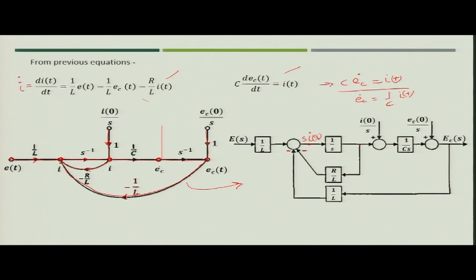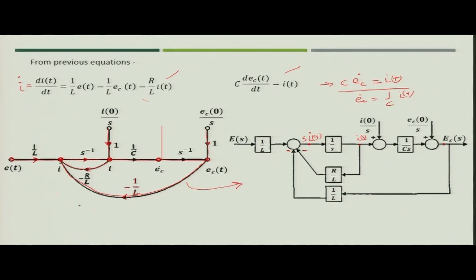Now, when you transform this through 1 by S as a block, you get the value of I s here. Now, to I s you add the initial condition, that is I naught by S, and then you pass it on through 1 by C s. So, you get the value of E c, and you add the initial condition, that is E c naught by S. When you sum up both of them, you get the value of E c s.